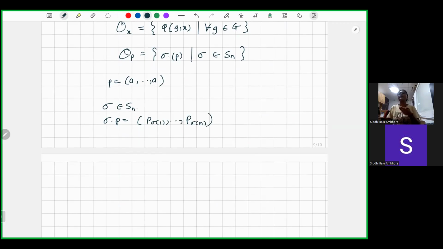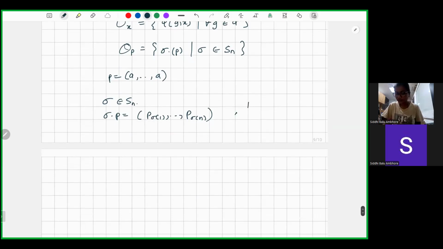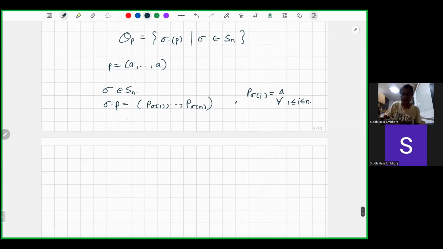But each and every entry of P is just the element A. Note that P sigma i is equal to A for all 1 less than or equal to i less than or equal to n. Doesn't matter whatever sigma you choose, it will always be this element.